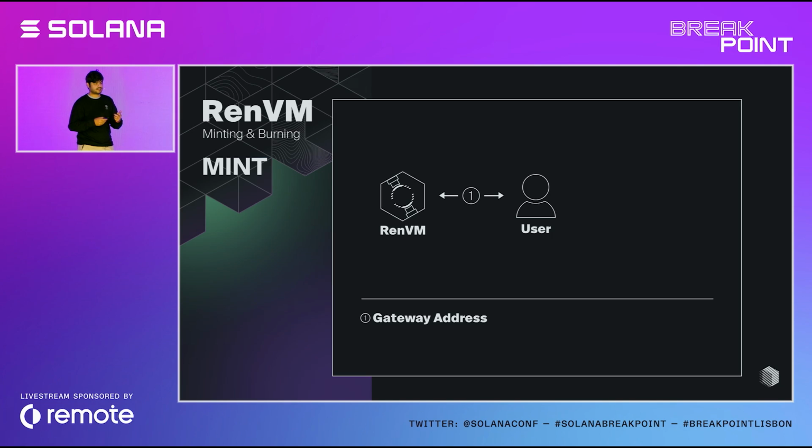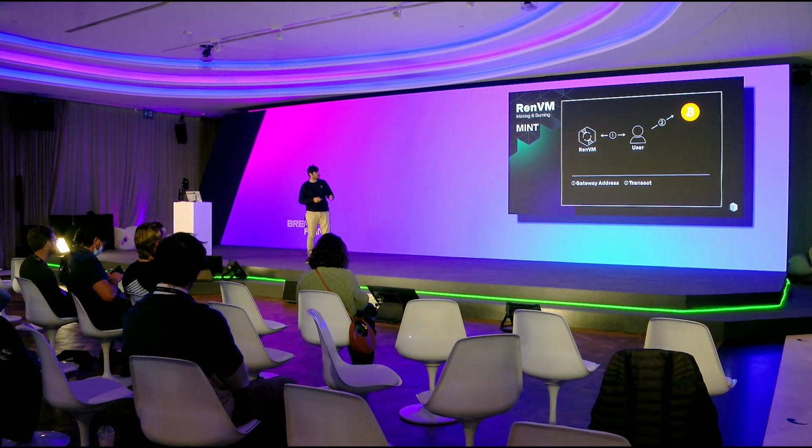This gateway address is a unique identifier for your transaction, so that RenVM knows what it's going to verify and who it wants to give the result to. Once you get this gateway address, you send your Bitcoin to it. It's basically a script address which RenVM is able to pull funds from into its own wallet.